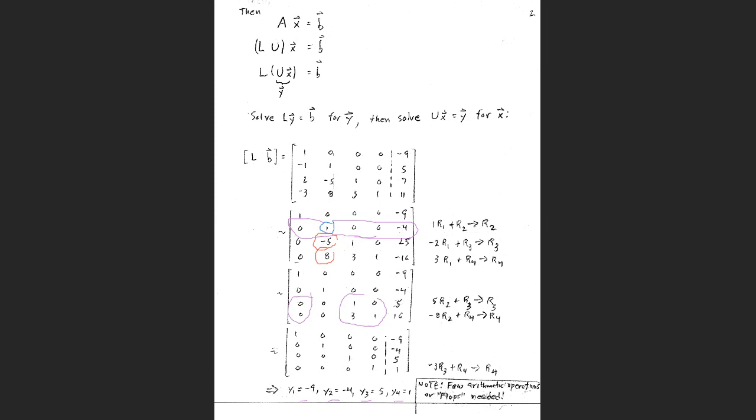The vector y has entries -9, -4, 5, and 1. Are there any questions up to this stage here? Are we ready to move to the next page?